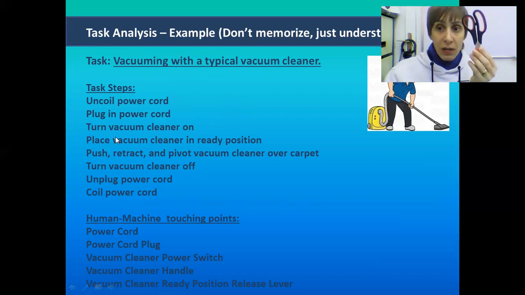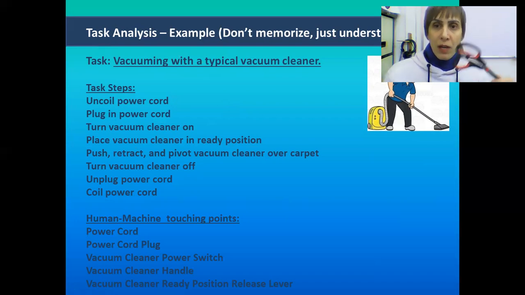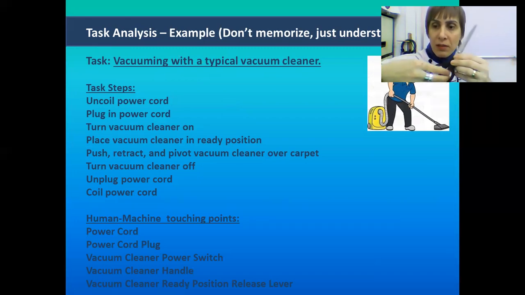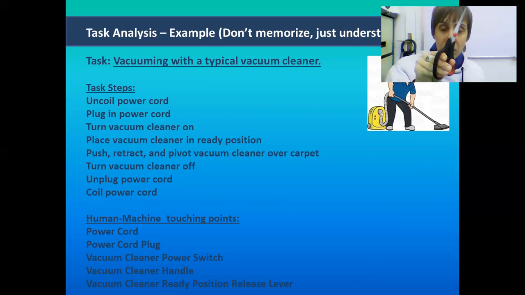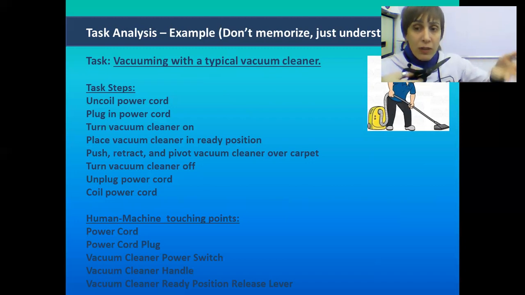Now, here again is my scissor. Cutting, for example, with this scissor. What could be task steps for this? For example, first step, taking this scissor into my hand, okay? Placing it in a certain position. Then with the other hand, holding a paper.